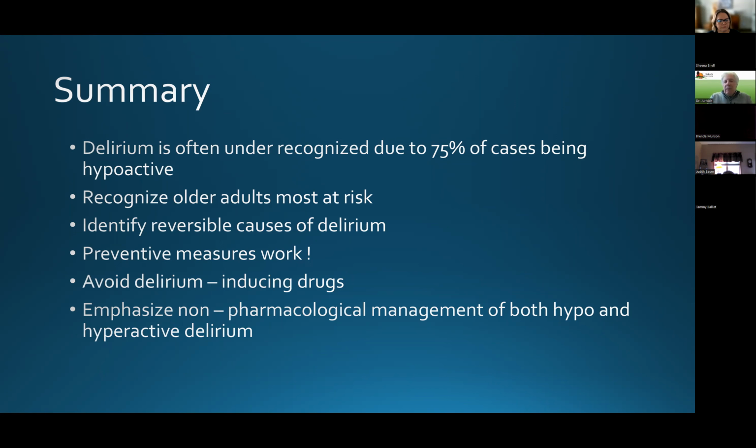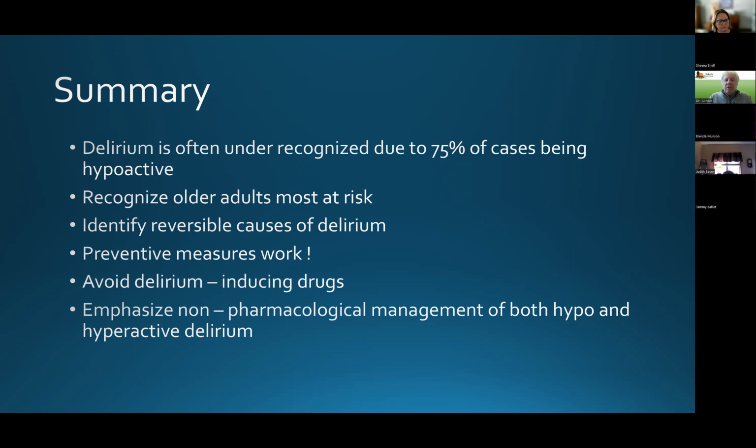We always want to look for the reversible causes, and I think everybody that submitted those questions or answers about rule out infection, is good, because that's what you want to establish first. In fact, some hospitals have protocols that you can't start antipsychotics for delirium until you've ruled out metabolic or infectious etiologies for the confusional state.